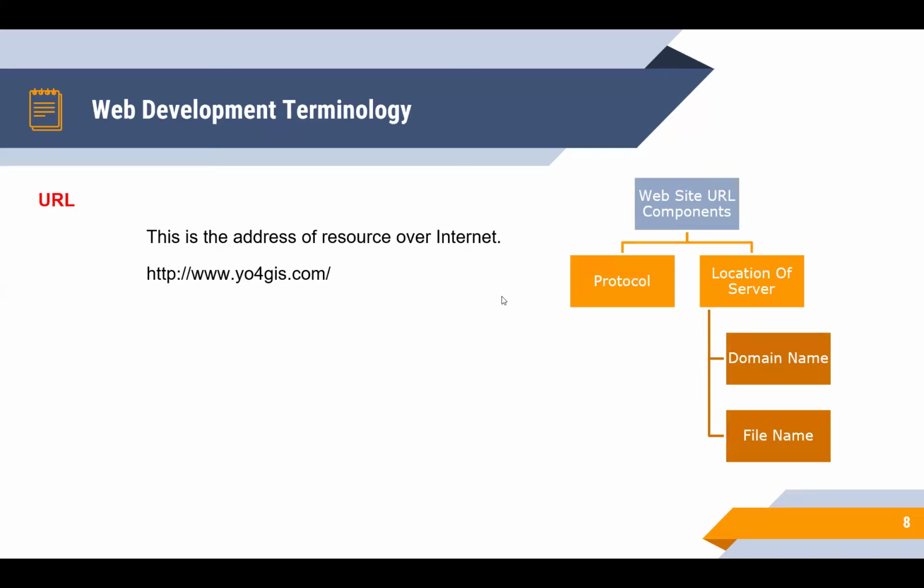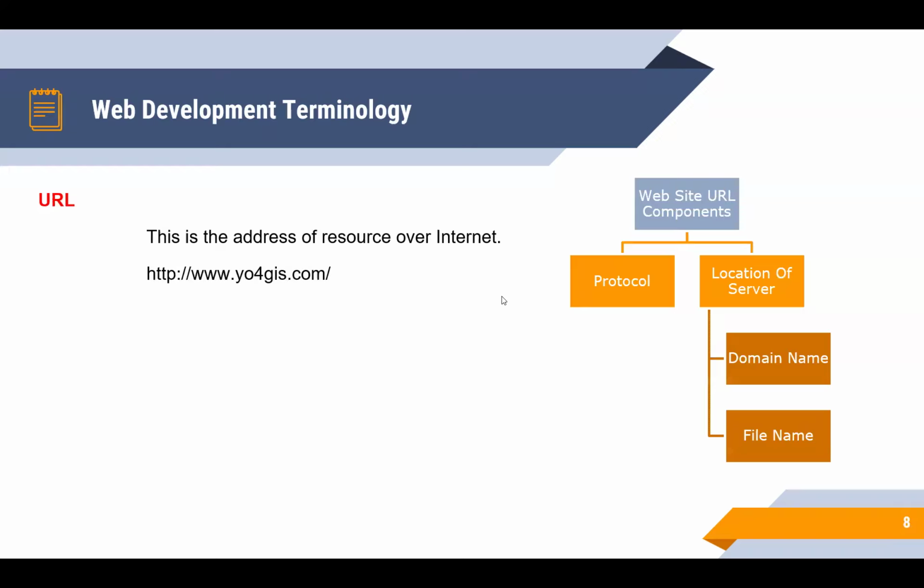Now here, what are the different parts we have? When we are talking about the website URL components, the first component is the protocol. What is the meaning of the protocol? This is HTTP or HTTPS, the hypertext transfer protocol or hypertext transfer protocol secure.